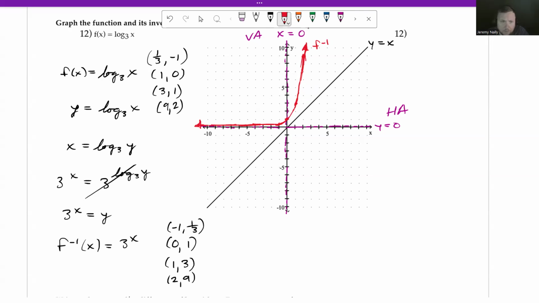And then for my original function, log base 3 of x, I'm just flipping those around. So let's see. So 1/3, -1, right about there. 1, 0, 3, 1, 6, 7, 8, 9, 2.